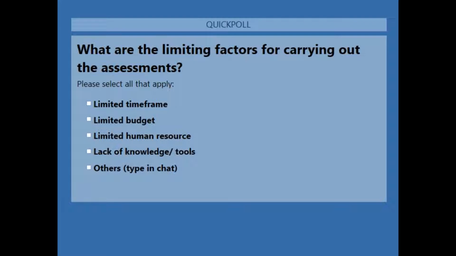Is it time frame? Is it budget? You can choose more than one option. We want to get a feel for what you, the audience, think is the limiting factor for carrying out these different kinds of assessments.